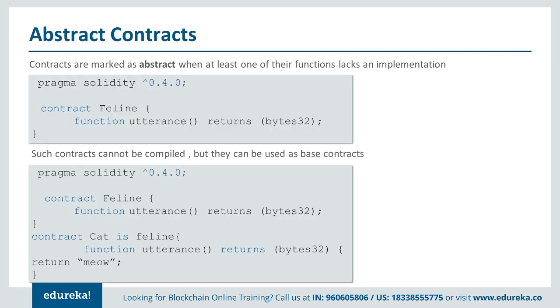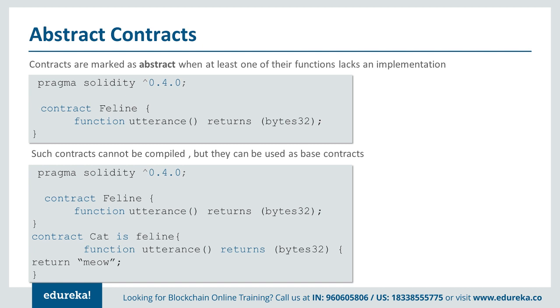Now, abstract contract: any contract where one or more functions lack an implementation is called an abstract contract. For example, if we define this contract fill-in, and if we leave this function without any code or implementation in the base class, then this contract is known as an abstract contract.